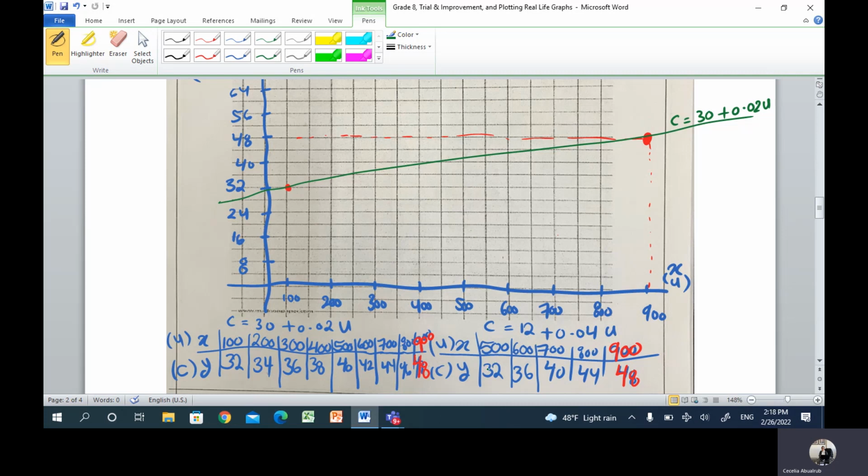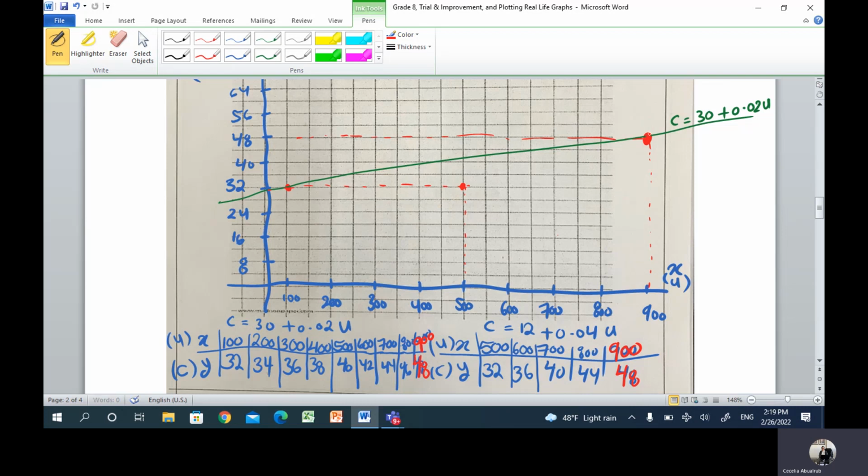So we're going to start with the plotting of 500 and 32 on the y-axis. Oh, this is my point. And I don't want to plot every single point, so I will jump immediately to 948, which is this point.